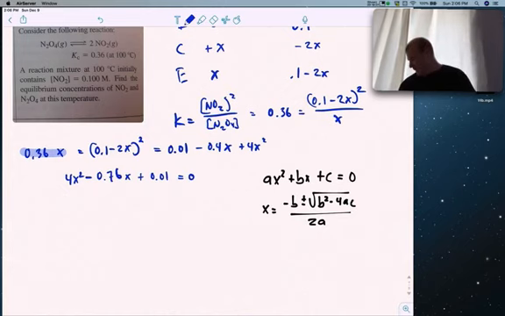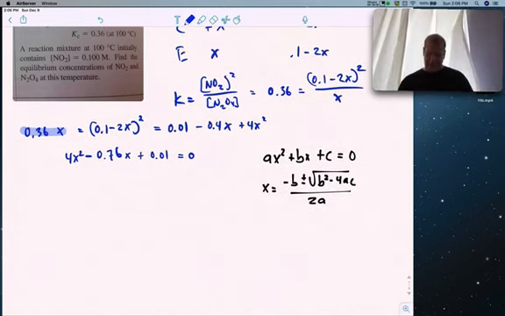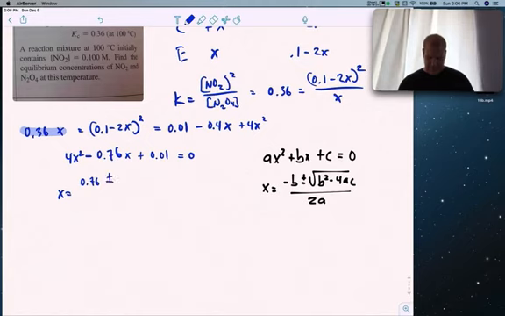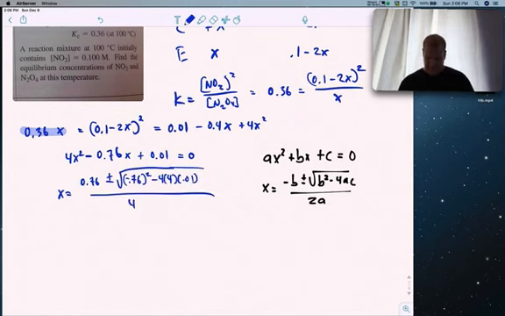Then we apply the quadratic equation. So x equals negative b, that's positive 0.76, plus or minus the square root of b squared, 0.76 squared, minus 4 times a, which is 4, times c, which is 0.01, all over 4 times 2.